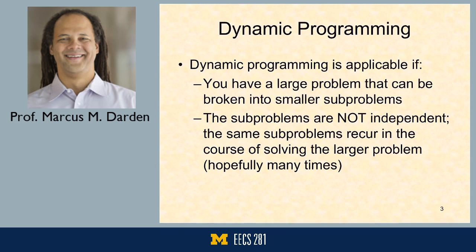When can we do it? DP is applicable if you have a large problem that can be broken into smaller subproblems, and the subproblems are not independent. The same subproblems recur, and the more often they recur, the more savings you get from dynamic programming, because you calculate it and store it.